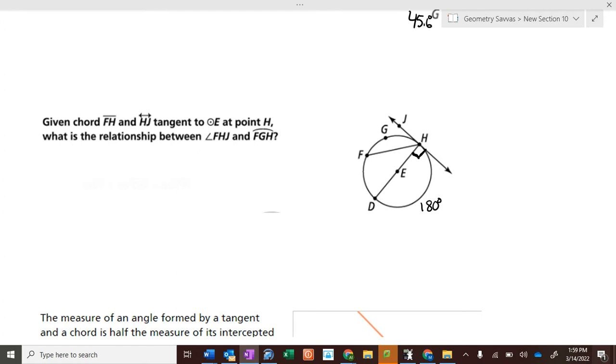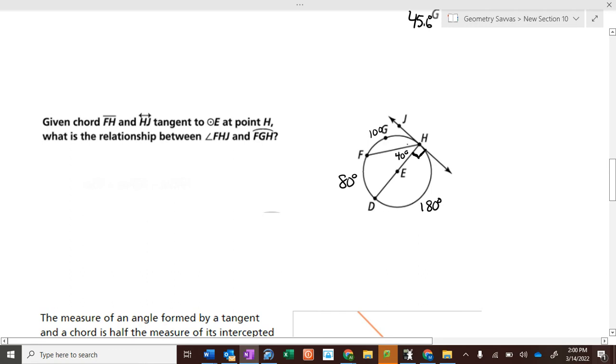So let's say this arc FD is 80 degrees. How big would angle FHD be? 40 degrees. So then that would leave how many degrees for FGH?